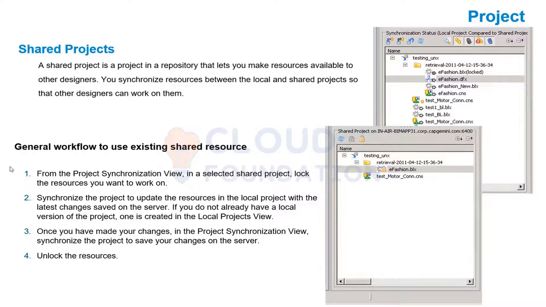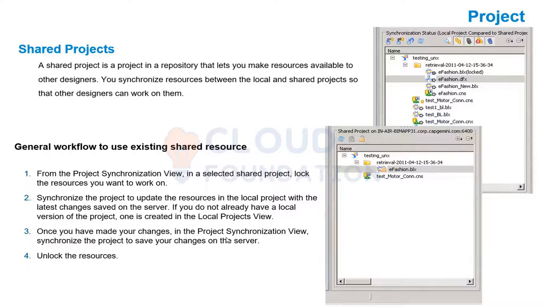To keep that in synchronization, we have these options. This is the general workflow that we need to follow. From the project synchronization view, in a selected shared project, lock the resources you want to work on. Whenever you want to work on something, first you need to lock the resources so that other users cannot edit or change them at the same time.